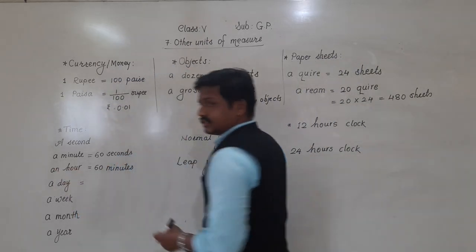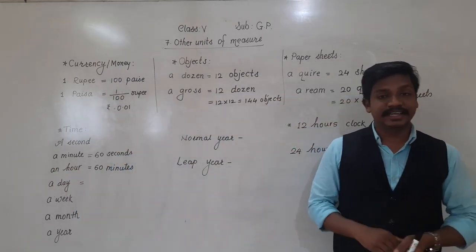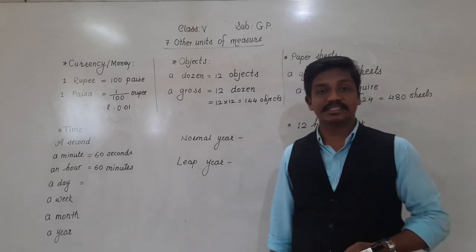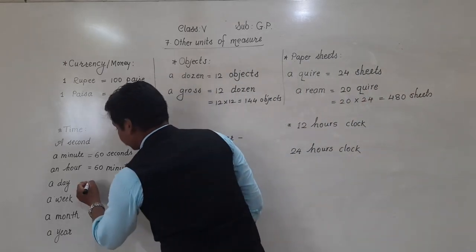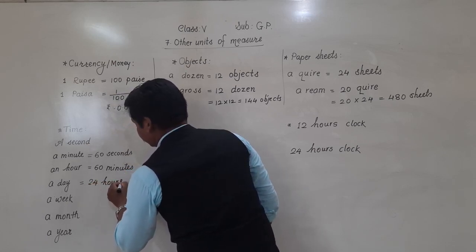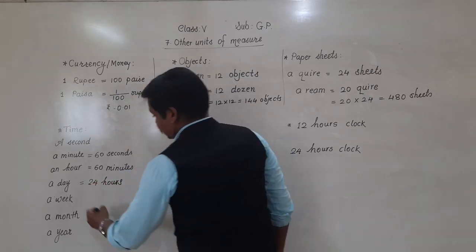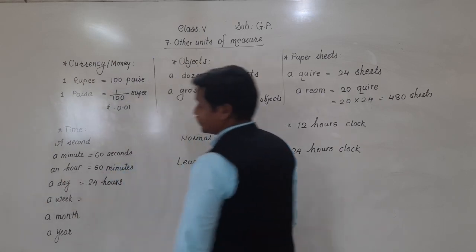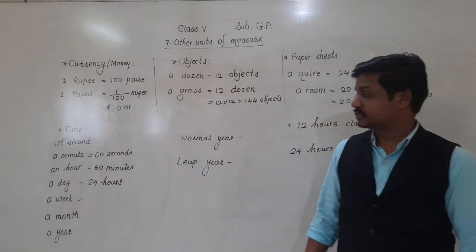Now, hours make a day. In one day, how many hours are there? 24 hours. One day has 24 hours.